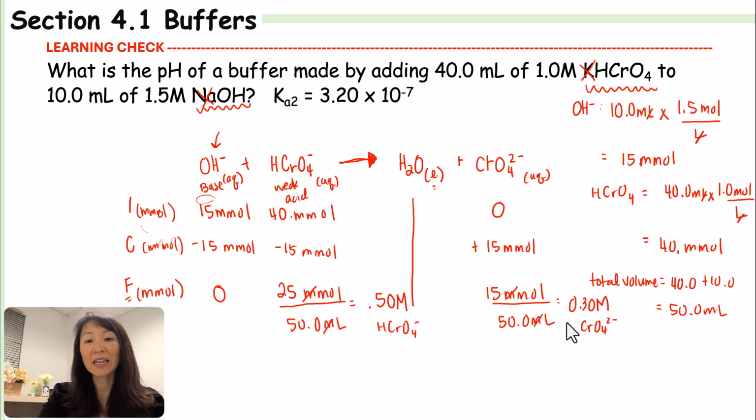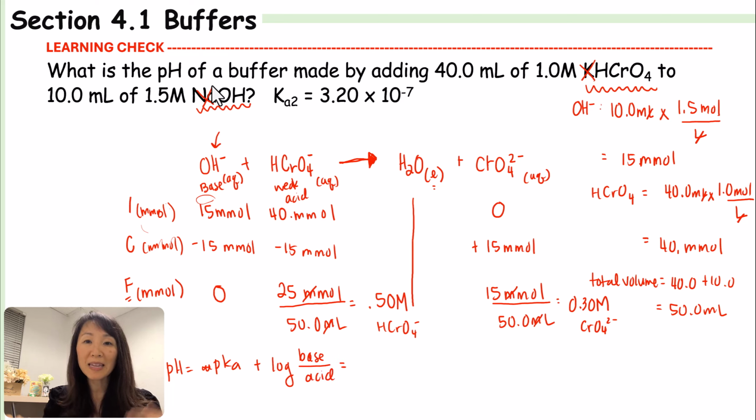Now, I haven't answered the question yet, which is what is the pH of this particular buffer system? So let's go ahead and write the Henderson-Hasselbalch equation, which is pH is equal to pKa plus log of the conjugate base over the acid. Well, what is pKa here?